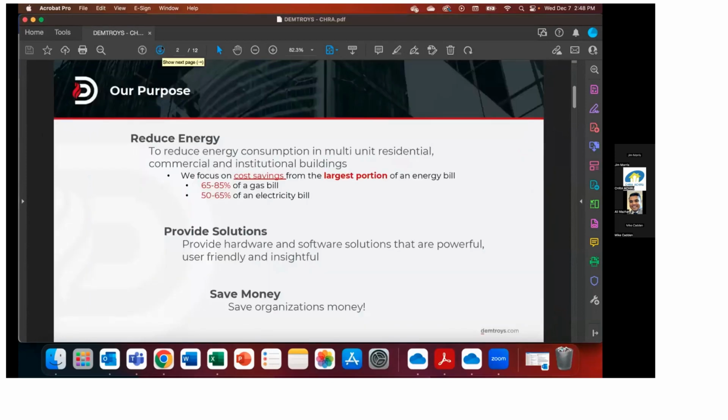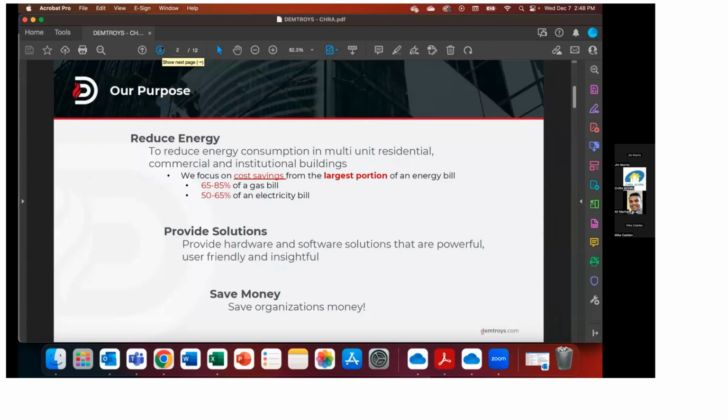So Demtroys is a building automation solutions company. We are both hardware and software. So we work to automate your building, and more specifically, the heating and cooling portions of your energy costs. So our purpose overall is to help you reduce your energy consumption.